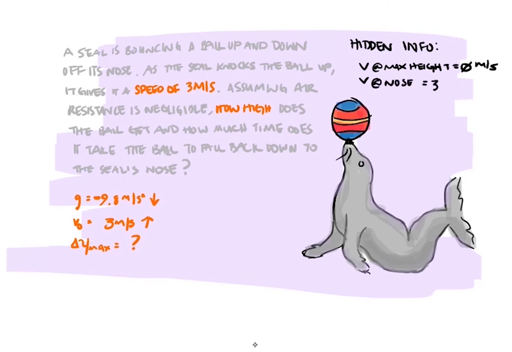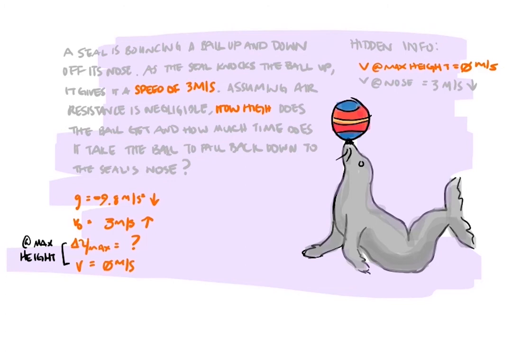Since we're looking for how high the ball gets, we can set the final velocity to be 0 meters per second. Remember, the variables are connected, right? It wouldn't make sense for us to use the final velocity of 3 meters per second downwards because that's not the velocity of the ball when it's at the displacement in question.